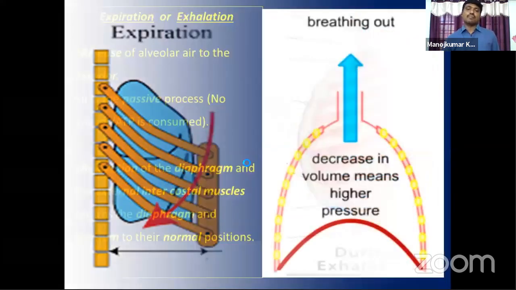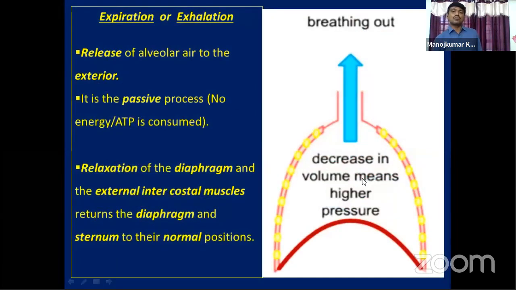So by this, what happens? There is a decrease in the volume, which means there is a higher pressure inside the lungs. And when it is compared to the pressure outside the body, that is the atmospheric pressure, definitely the pressure inside the lungs is slightly higher than the pressure outside the body, with which the air now moves out of the lungs.